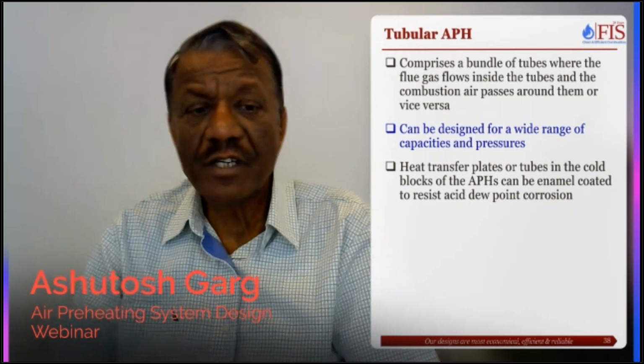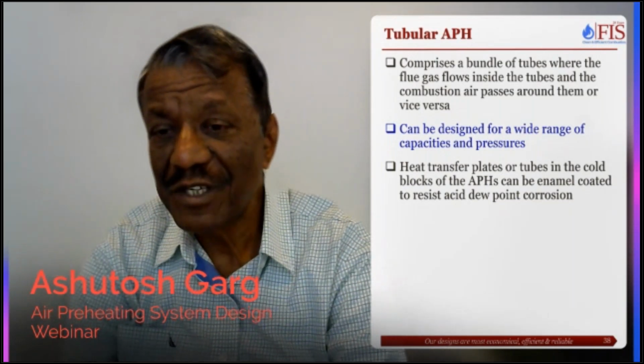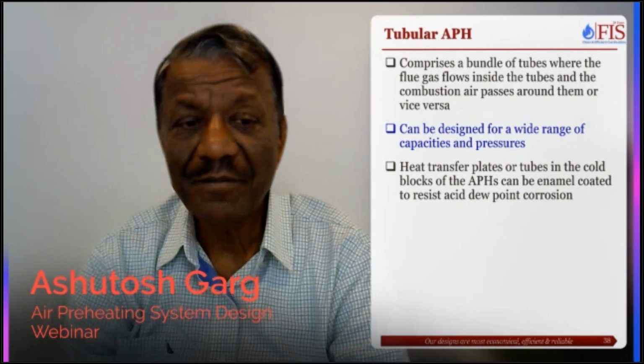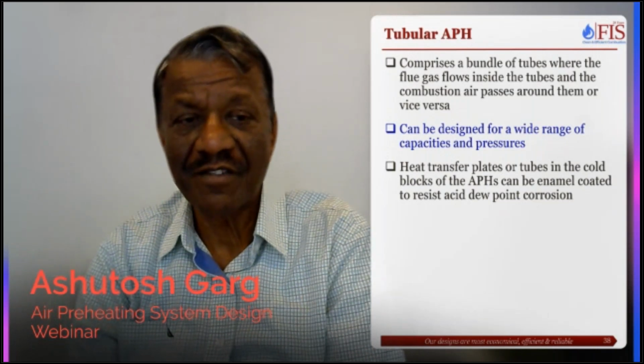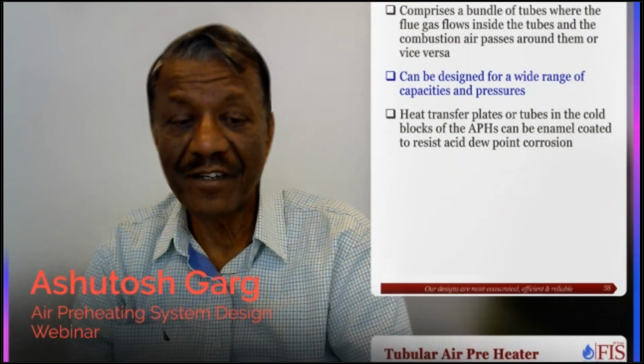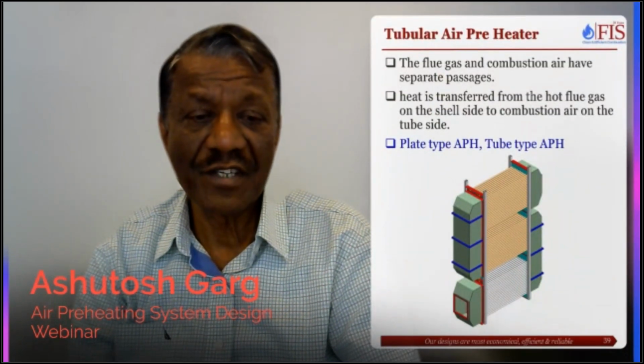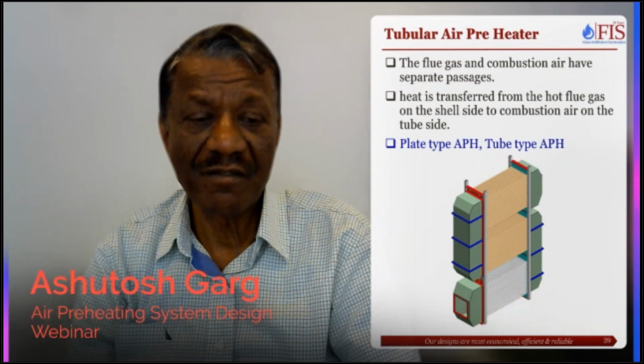Let's talk about a tubular air preheater. Tubular air preheater is a simple tubular design, and that's typically used in forced draft applications, small heaters. And you can see we can mount it on top of the convection section or make it a part of the convection section.